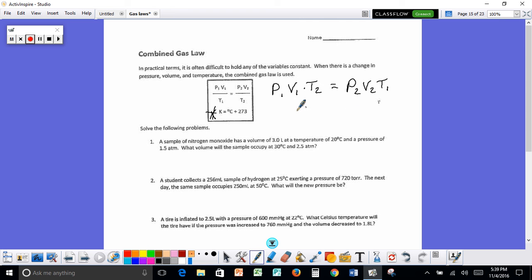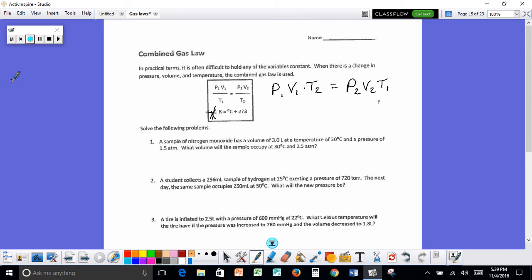And again, I just like doing it like that because I sometimes make boneheaded mistakes in manipulation, so this helps me to not end up with 1 over T2 or something like that and then have to really tax my brain, and I just like to keep things simple.